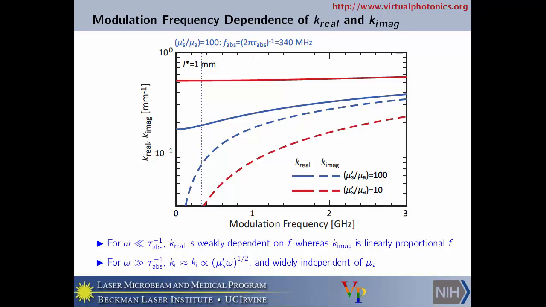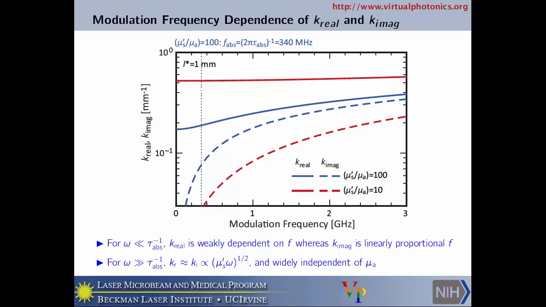So let's look at highly scattering media. So here you see that for highly scattering media, you have some sort of decay or attenuation with the depth, and that slightly increases once you start to probe on modulation frequencies faster than the absorption relaxation time.